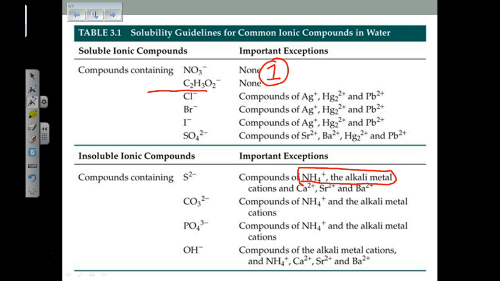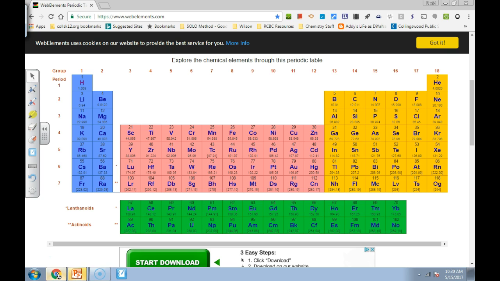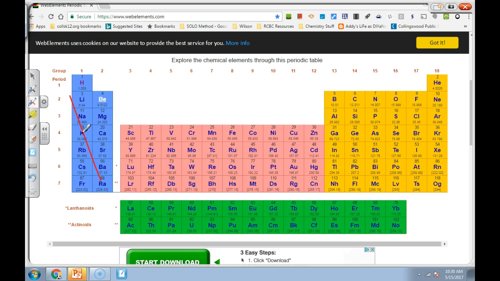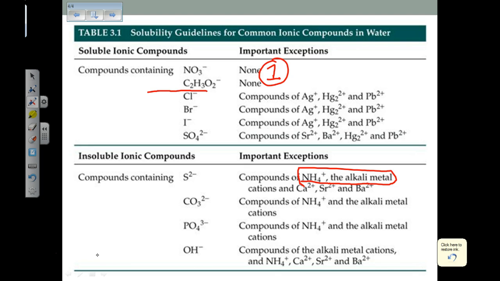So if I bring up my periodic table, it's kind of funny because if we look at what's soluble there, the things that are soluble are the alkali metals plus NH4+. So those guys are the soluble ions. That's what we're trying to say here, it's the alkali metals, so lithium, sodium, potassium, rubidium, cesium.